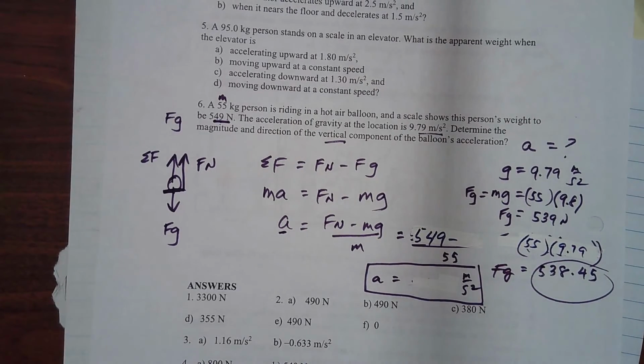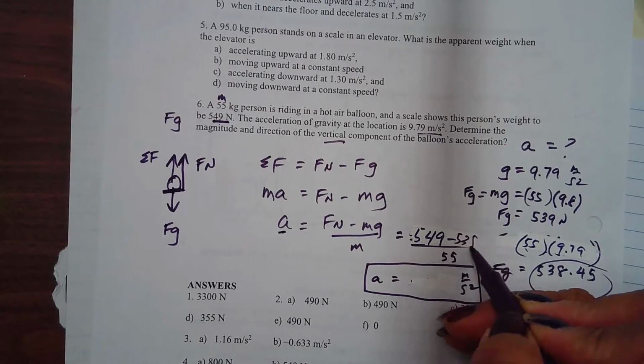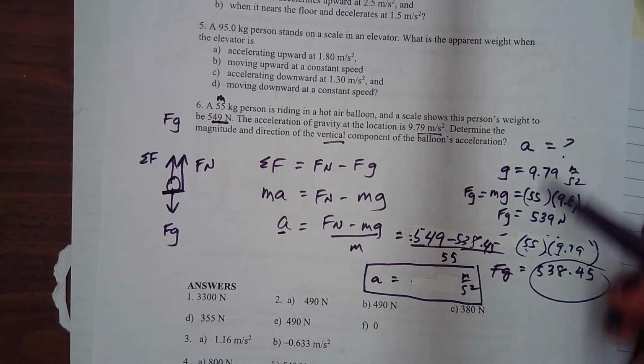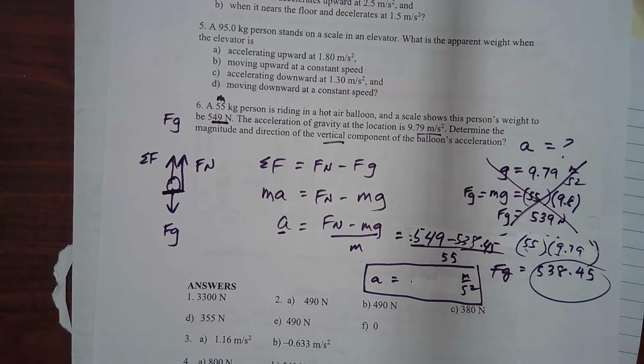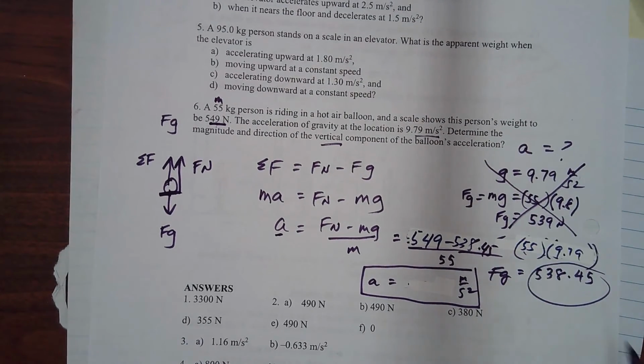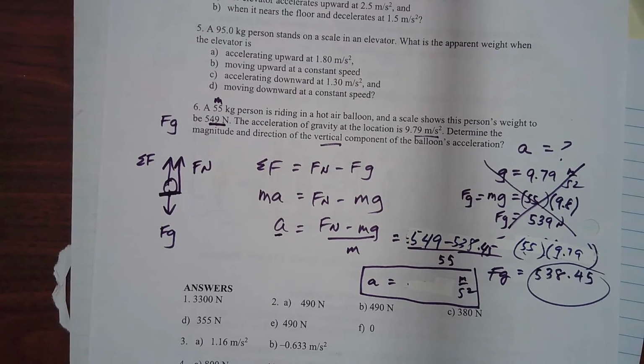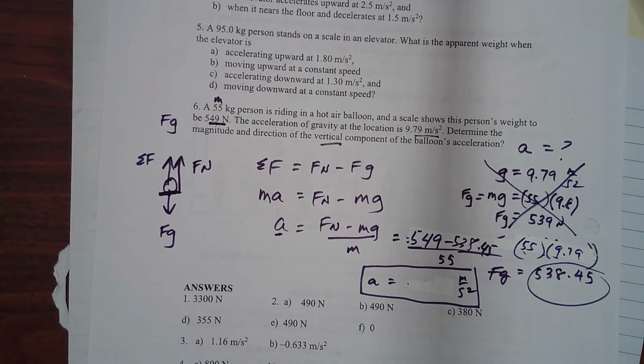This is the true weight of the person at that altitude, which is 538.45. Okay, that's right. The person here, we're going to take this out because the person is not standing on the ground. So we're going to look at the true weight of the person here because the apparent weight is already given. There you go. 549 minus 538.45 divided by 55. There we go.